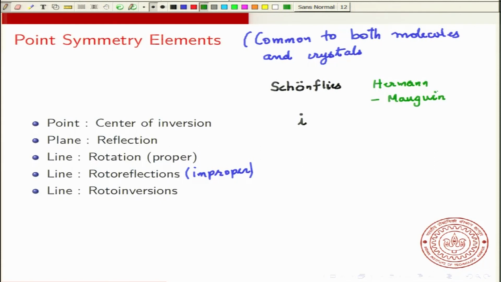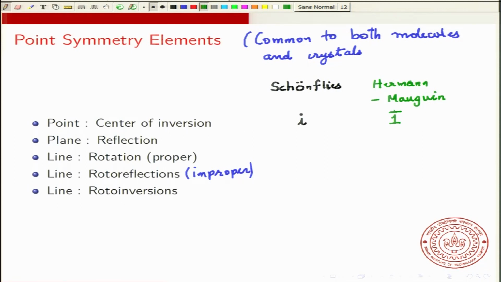In this notation, the operation of inversion is referred to as 1 bar. So, 1 bar refers to this operation of inversion.